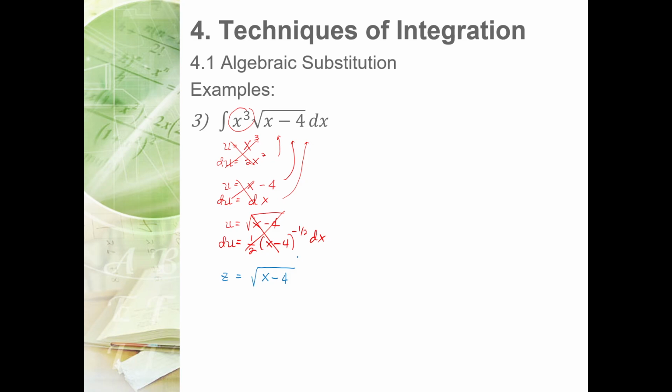So next we're going to eliminate your radical term. So this becomes x minus 4.